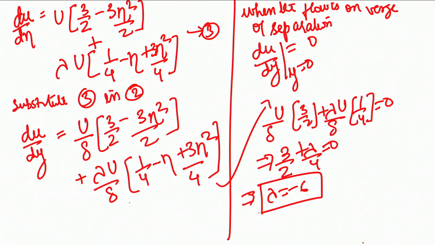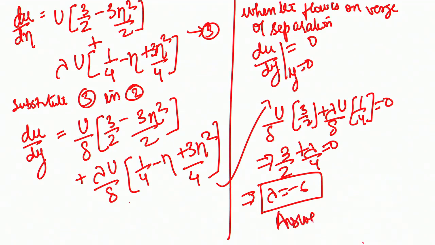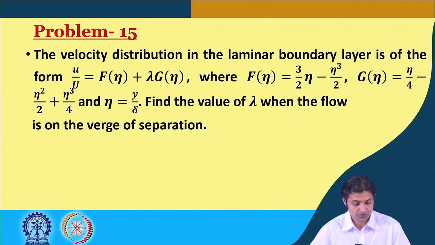All right. So for lambda equal to minus 6, the flow is on the verge of separation, and this is the answer to this question.